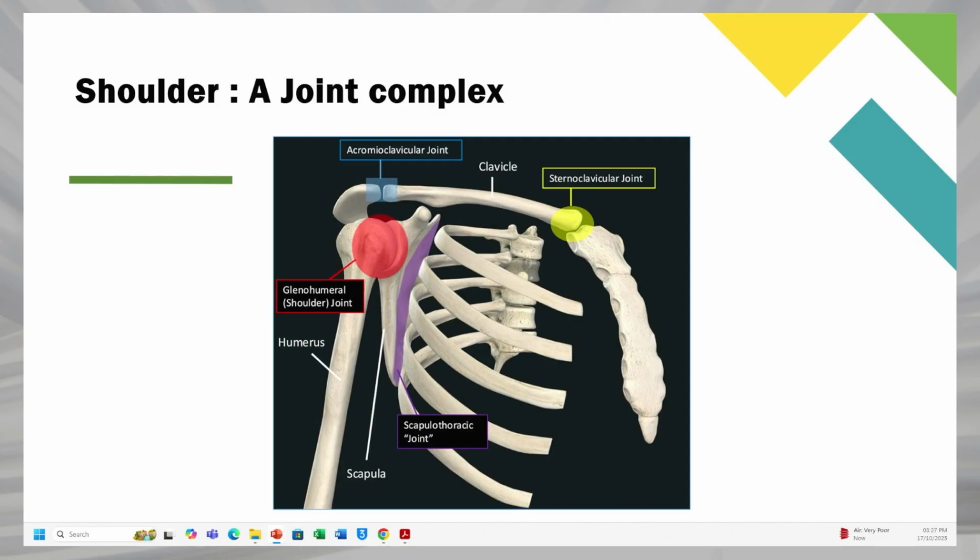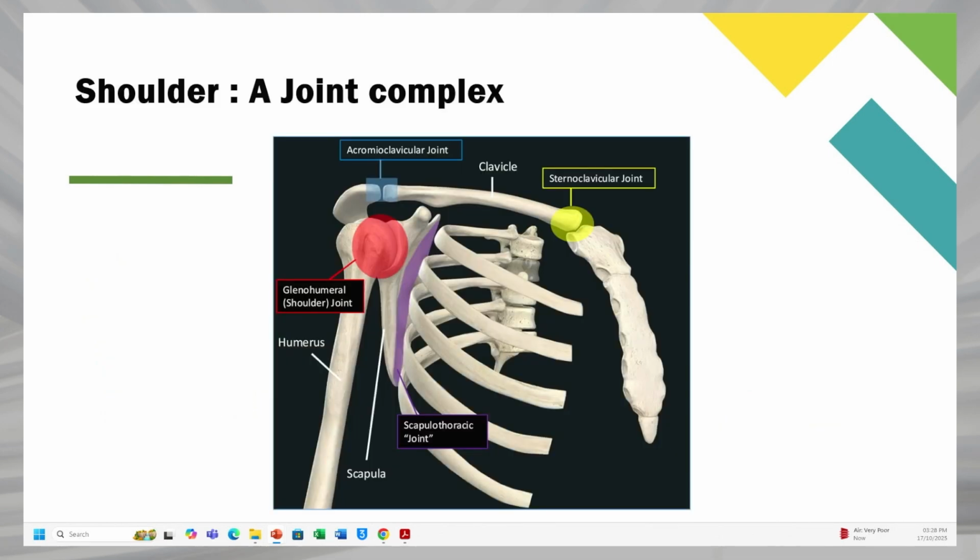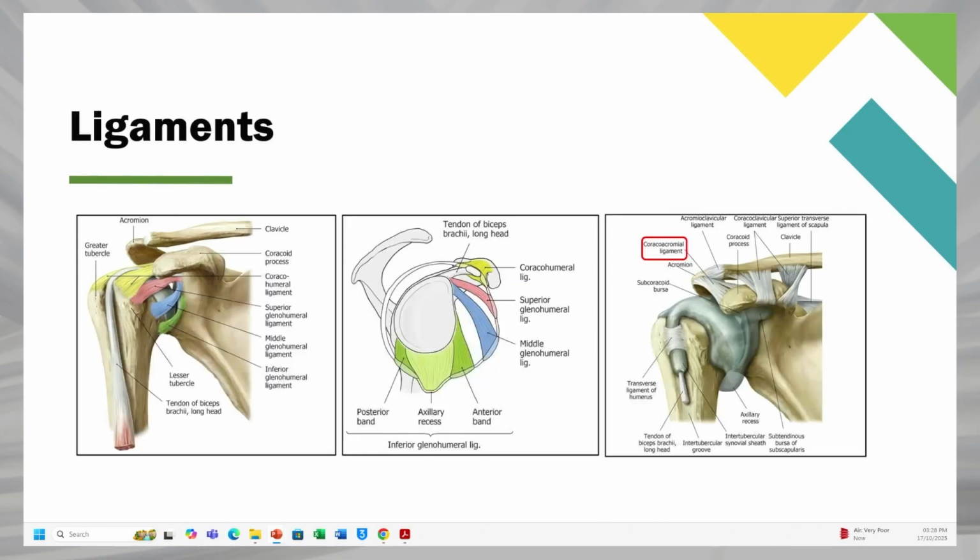So you have 3 joints, to which we add a non-anatomical joint, I would say, what we call the scapulothoracic joint, which stricto sensu is not a joint because there are no bones, but functionally speaking, this is a joint that allows the movement of the scapula against the thorax. So it's this complex that we call the shoulder. And when it comes to scanning, we'll have to keep this in mind, and we shouldn't be stopping at the scanning of the glenohumeral joint.